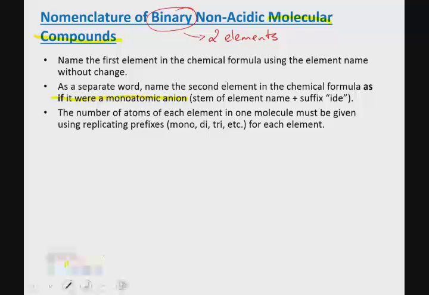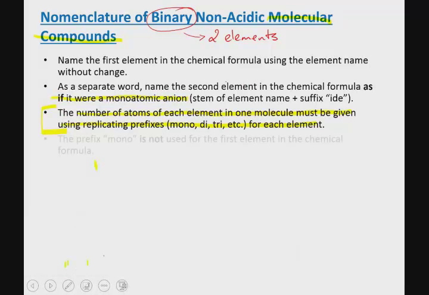We must give the number of atoms of each element in the molecule using prefixes such as mono, di, tri, tetra, etc. This step is only used for non-acidic molecular compounds. You should not use these replicating prefixes for ionic compounds or acids. It is only for this category of compounds.